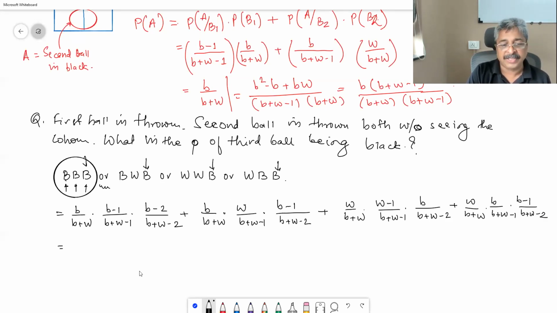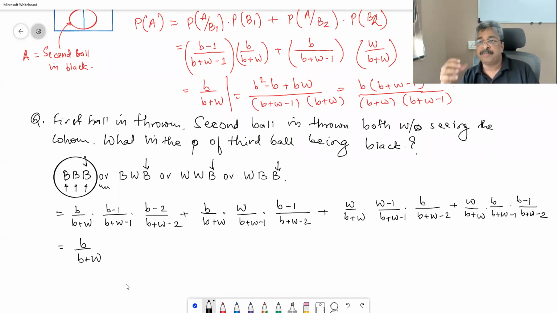Surprisingly, if you simplify this, the denominator's two factors will get cancelled, and eventually after simplification you will get the answer B upon B plus W. So for all practical purposes, it doesn't matter how many balls you draw in the beginning and throw away, and you want the nth ball to be black, the probability continues to remain B upon B plus W. That is the initial proportion.